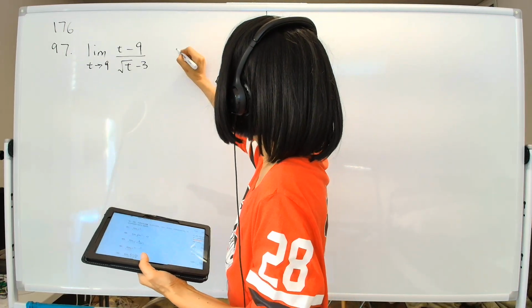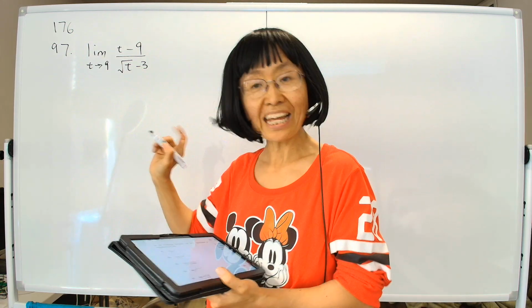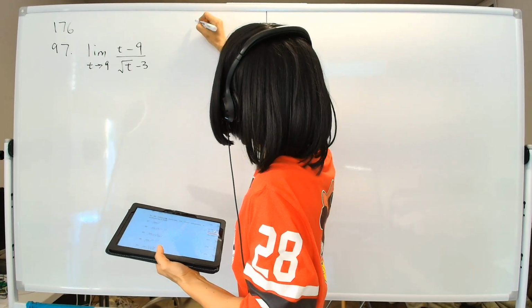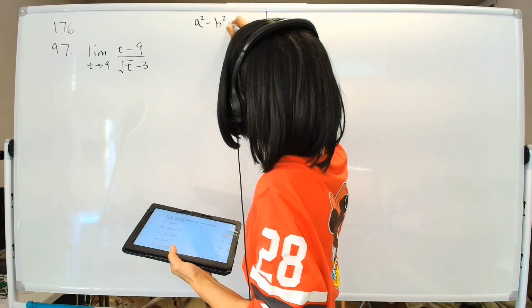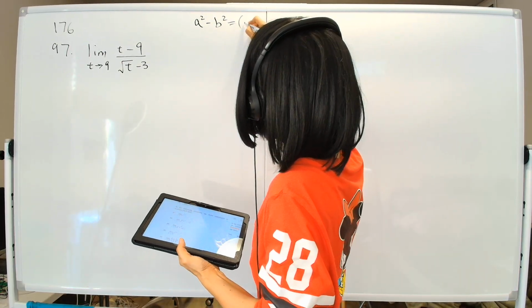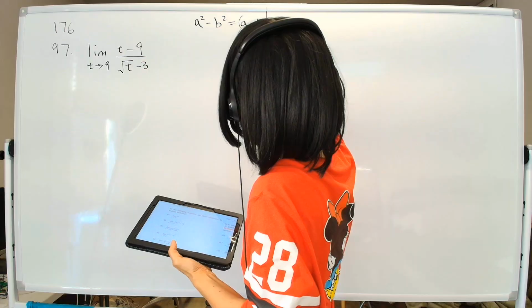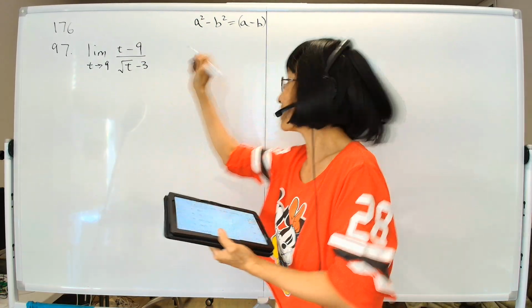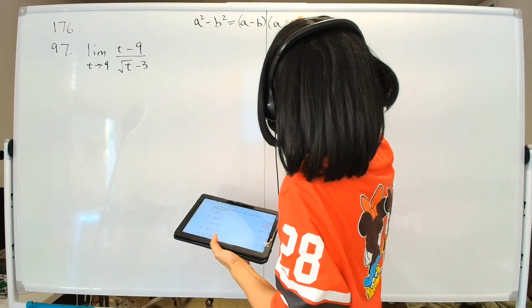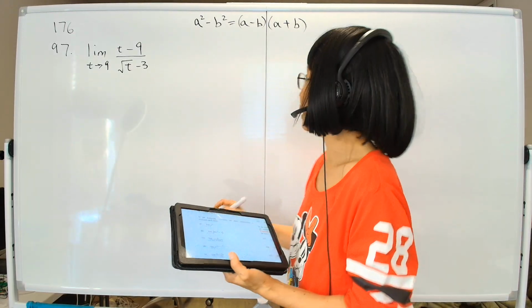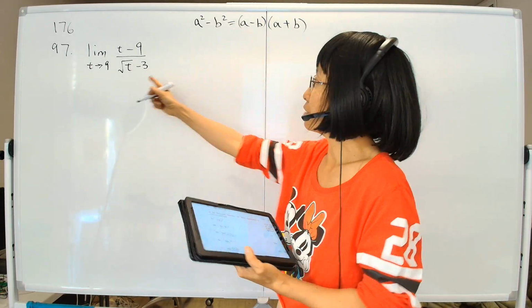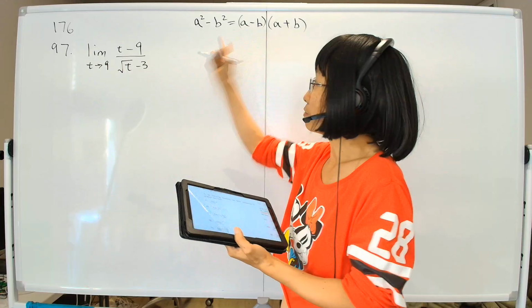So what you do is use a very handy theorem, and it has a name. It's called difference of squares. Use the difference of squares trick, where a will be the square root of t, and b will be 3.